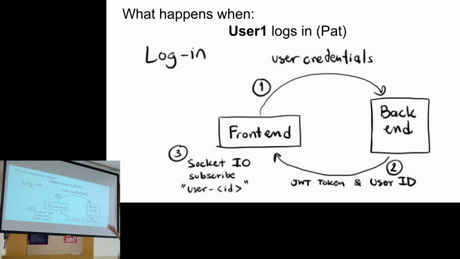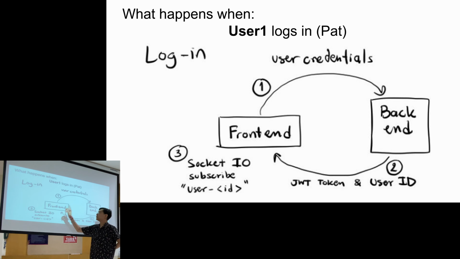So this is probably the thing you're looking for from us, right? Whenever the user logs in, they go to the front end, which is their computer. It sends the credentials, as usual, to the backend. But now, after the backend sends the JWT token, it also sends the user ID alongside.